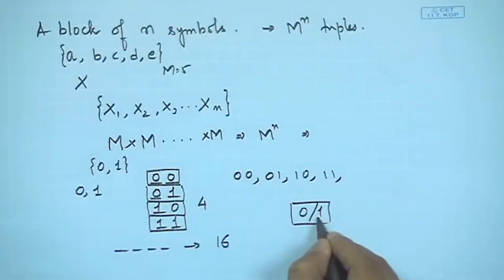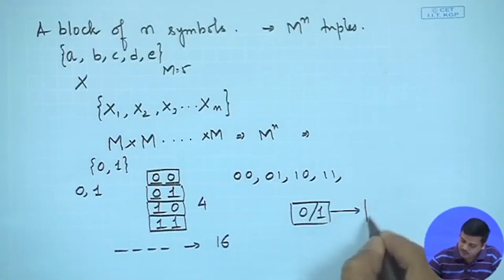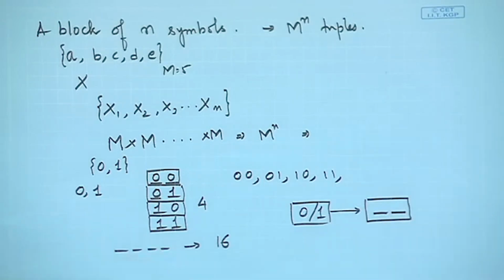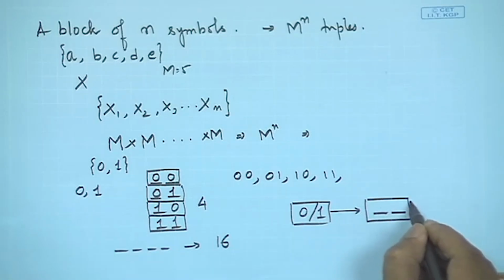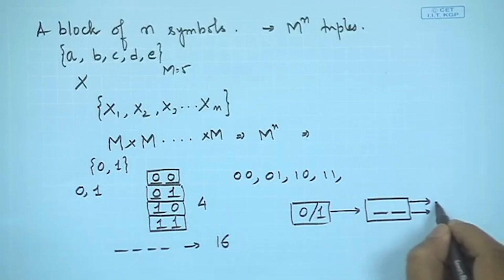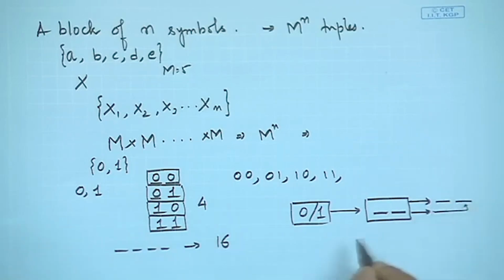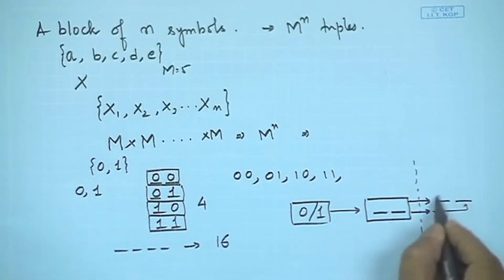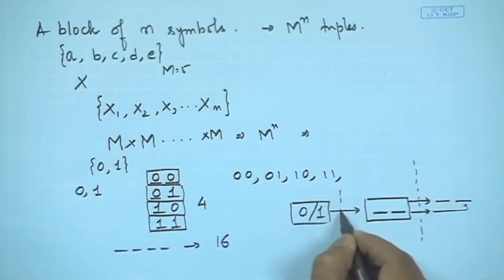Now, an easy way of looking at it is, suppose there is a source which generates a 0 and a 1, I can have a buffer which has a storage unit of 2. It takes the first one, it takes the second one, and then it gives out these 2 as the symbol. So, if I look at this output, I am going to get 2 bits at a time. If I am looking at this output, I am going to get 1 bit at a time.